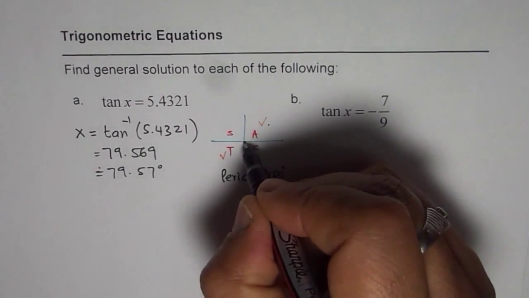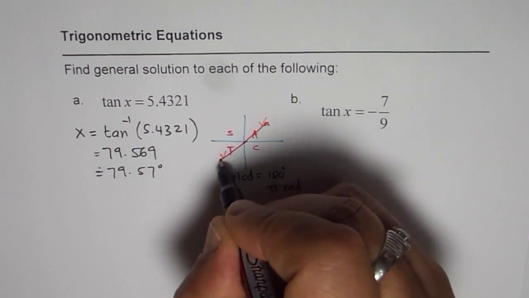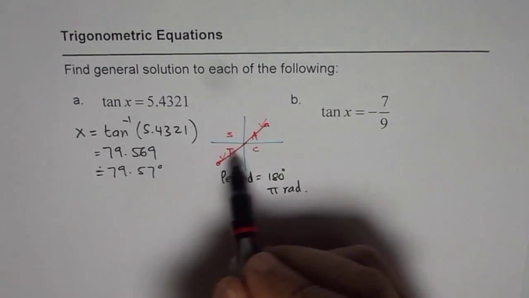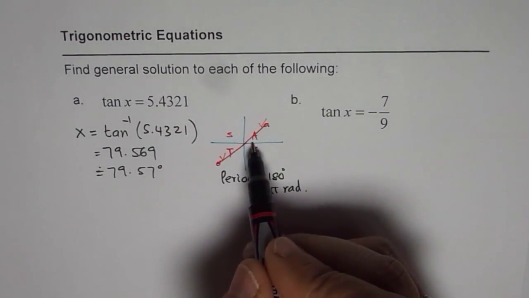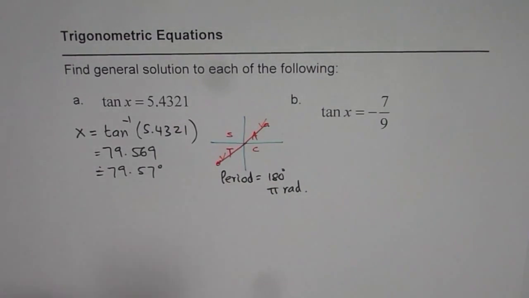We know it should have a solution in the other quadrant also. If the question is to find solutions between 0 and 2 pi, or between 0 and 360 degrees, then you can add 180 degrees and find the other solution. That's one way of doing it.